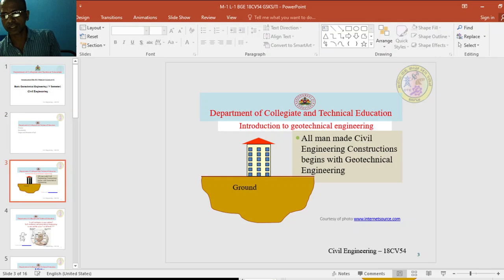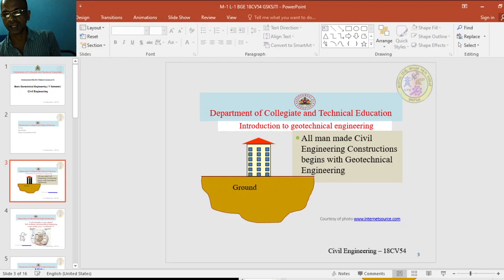If you want to construct any structure, the superstructure load has to be transferred onto the substructure, that is your foundation. Ultimately, the foundation has to transfer load onto the ground. If the structure has to be retained in its intact position, the soil should have the ability to take the structural load.